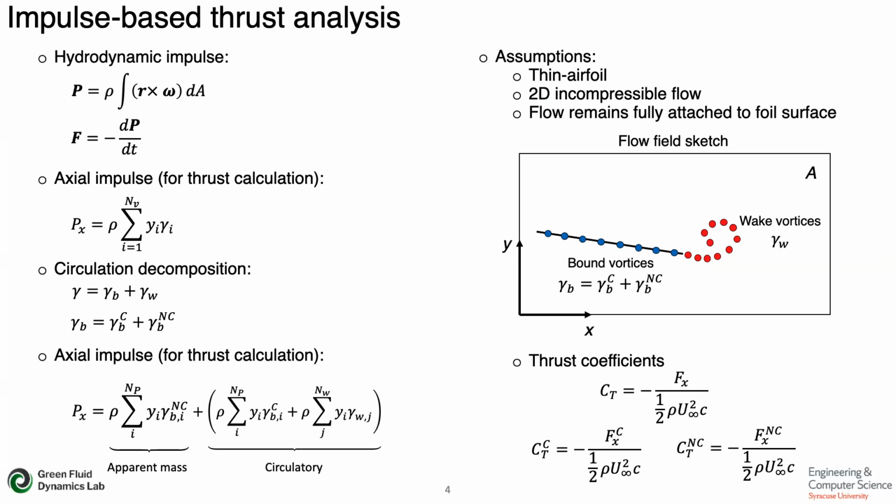The circulatory component is a result of the free stream and induced velocity by the external wake vortices, and the non-circulatory or added mass component is a result of the unsteady motion of the airfoil. Then finally, we can rewrite the axial impulse equation at the bottom left here. Once we take the time derivative of each of these terms, we then obtain the axial force and thrust coefficients of the total thrust, circulatory and non-circulatory thrust.